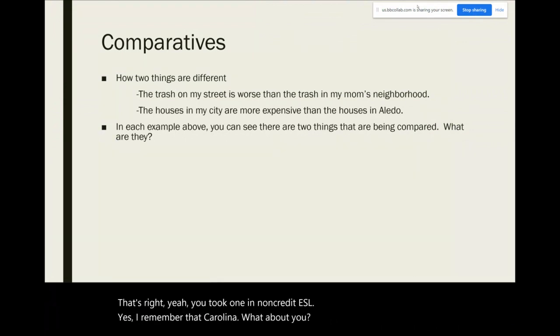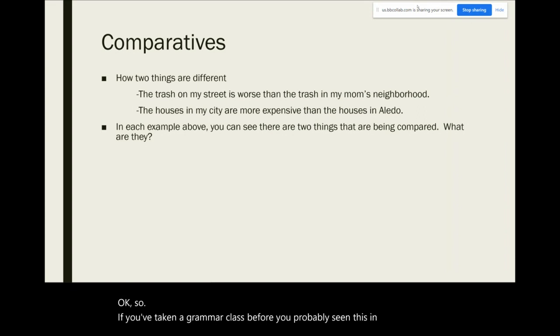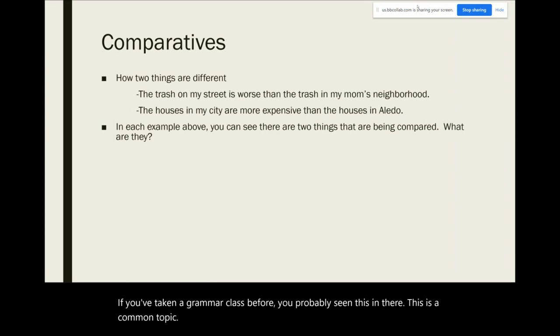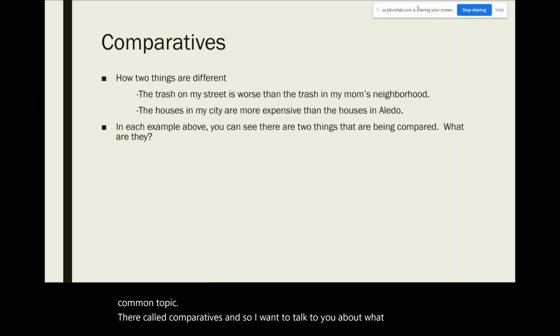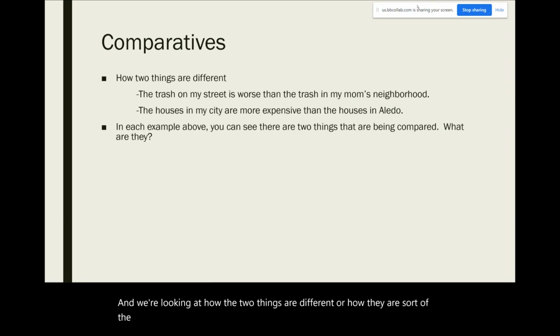Okay, so if you've taken a grammar class before, you've probably seen this in there. This is a common topic. They're called comparatives. And so I want to talk to you about what these are. Comparatives are a type of adjective where we're describing two things and we're looking at how the two things are different or how they are sort of the same, but focusing on how each one is a little bit different.